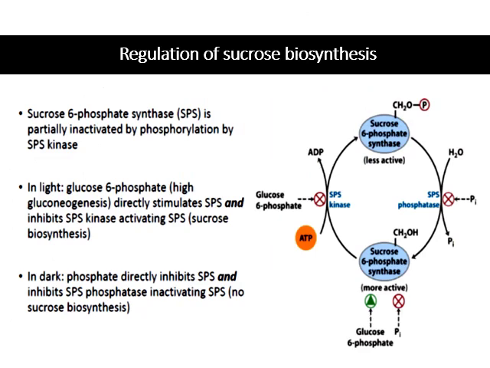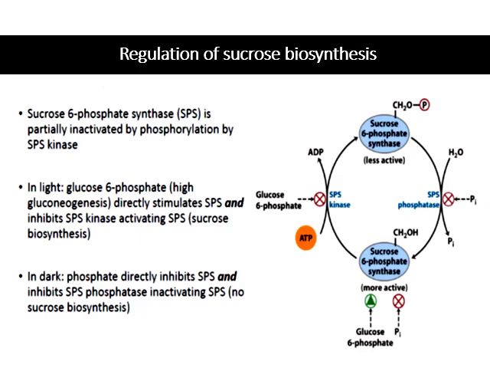So we have seen now how sucrose is very important and has very diverse functions to perform in plants. Once we have studied the biosynthesis of sucrose, it is important to know how the regulation of sucrose biosynthesis happens in plants.